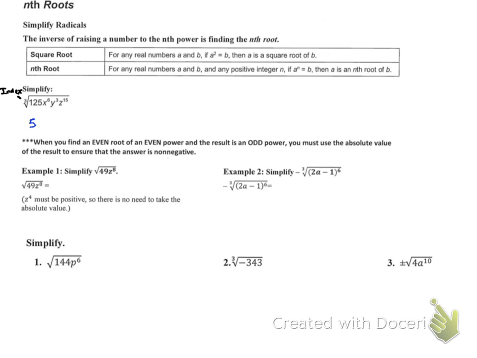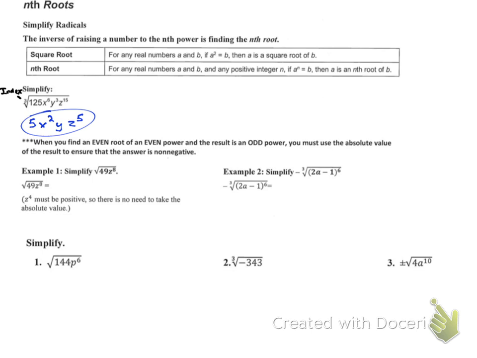So for x, what is 6 divided by 3? 2. Y, what is 3 divided by 3? 1. Z, what is 15 divided by 3? 5. And we have simplified the radical, okay?